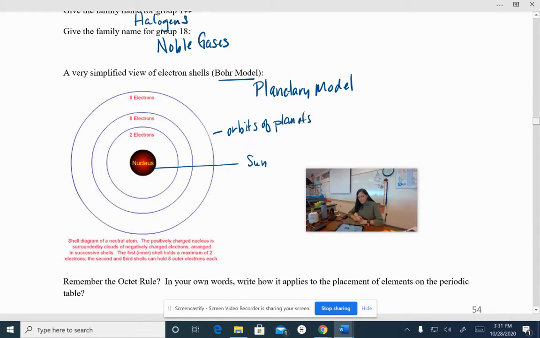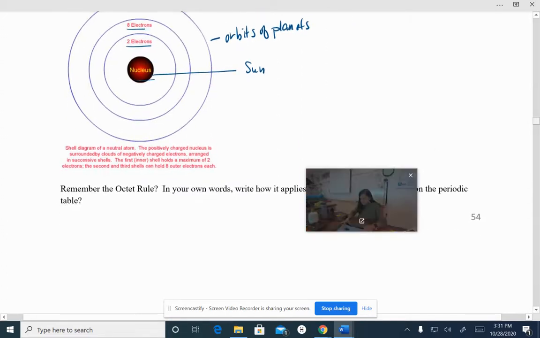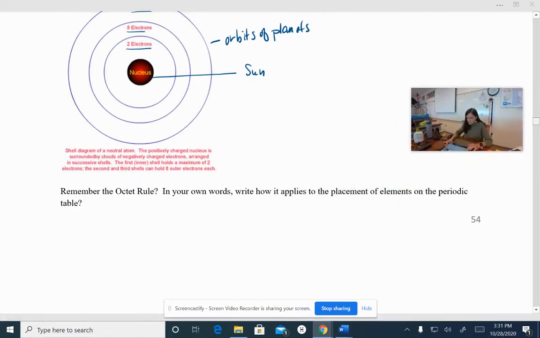So a lot of times people will call the Bohr model the planetary model. Remember on this first energy level, we can put 2 electrons. And then from here on out, we can put 8 electrons on the next levels. Remember the octet rule? We talked about the octet rule a while ago.